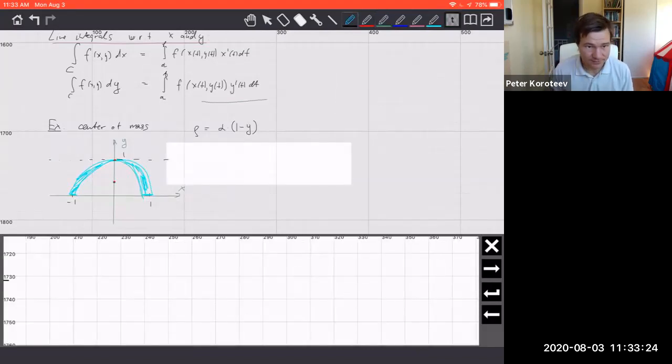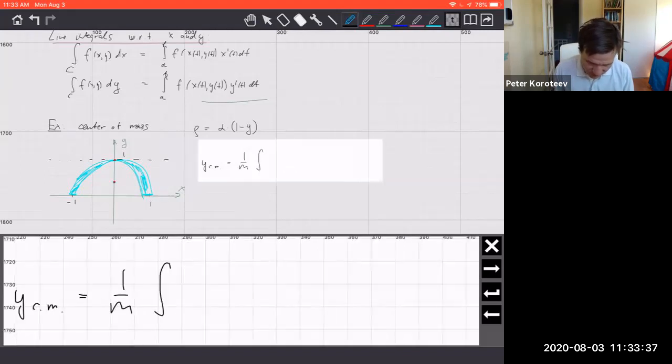The coordinate of the center of mass in the y direction is equal to 1 over the mass of the whole object, and then we need to integrate. In the examples that we had, we integrated over a two-dimensional shape, but here it's a one-dimensional example.